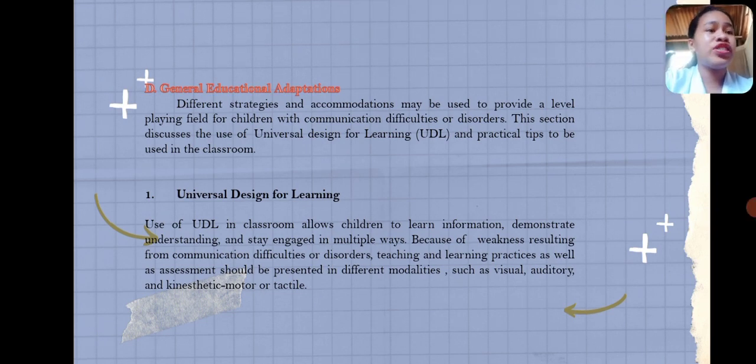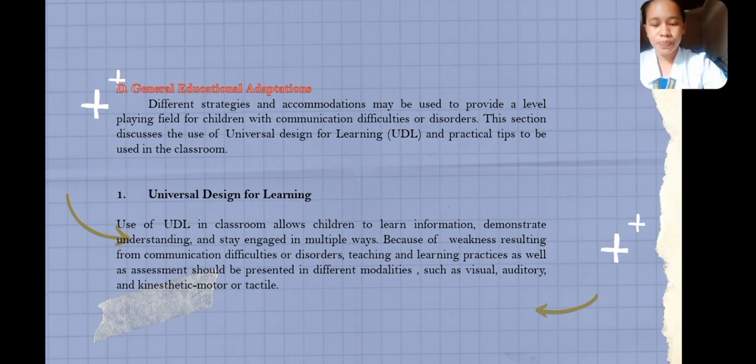Since children with communication difficulties or disorders learn in a different and complex way because of their difficulties, UDL is designed as a teaching approach that works to accommodate the needs of all learners and eliminates unnecessary hurdles in the learning process.